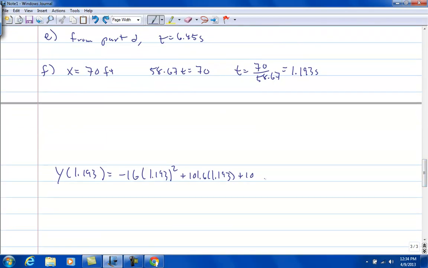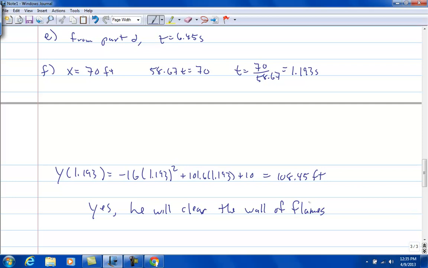And what will that give us? Negative 16 times 1.193 squared plus 101.61, that's what we originally had, times 1.193 plus 10, and I get 108.45 feet. So yes, he will clear the wall of flames.